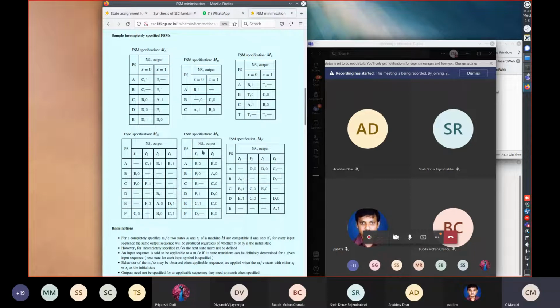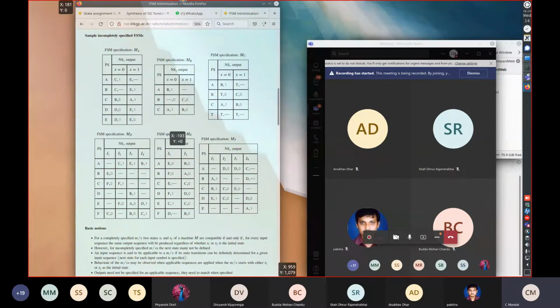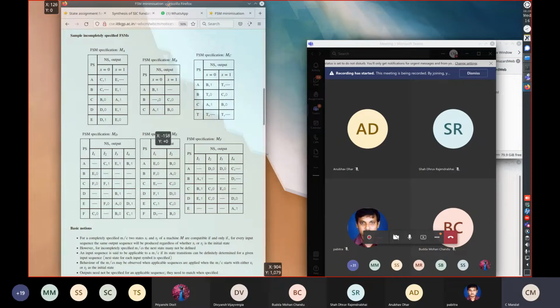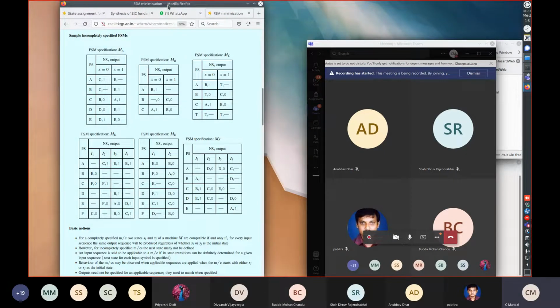So why don't you apply the optimization procedure on MD? And you can just show the results also. You can post a screenshot, some of you, so you can see how you're progressing.